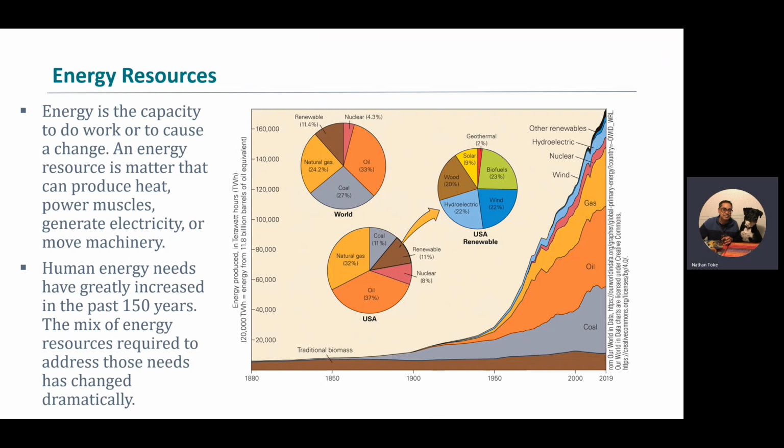So if we look at this graphic on the right here of energy resource use and produced, so energy produced in terawatt hours is the y-axis here, and time is the x-axis. And so we see that originally, go back to the 1800s, most things were biomass, so burning wood or peat.